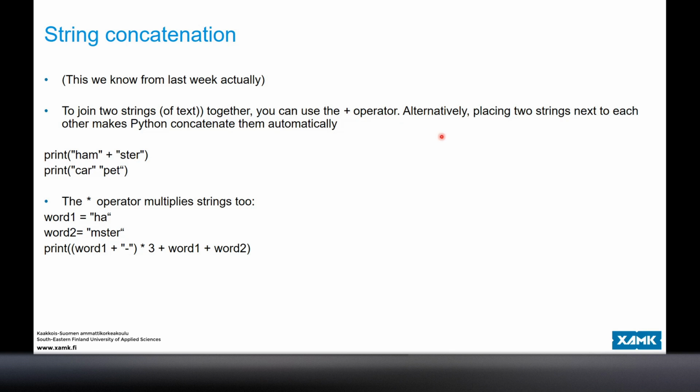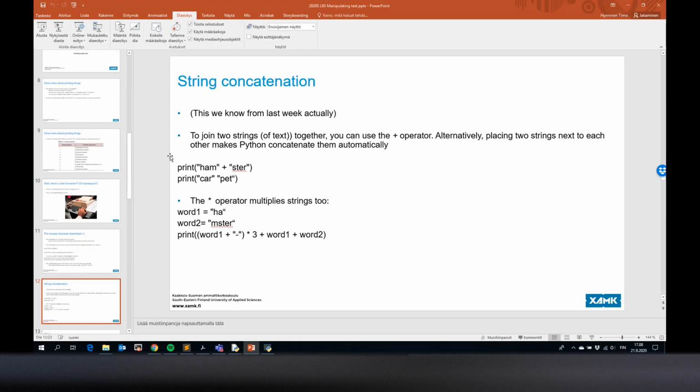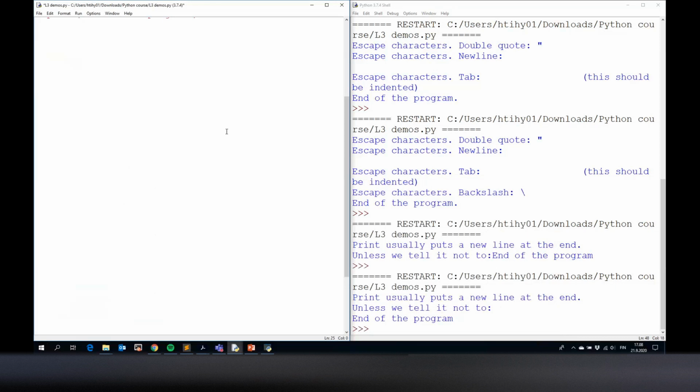Alternatively, placing two strings next to each other makes Python concatenate them automatically. So to demonstrate this, let's take these two lines. Let's do a little bit of string mathematics.